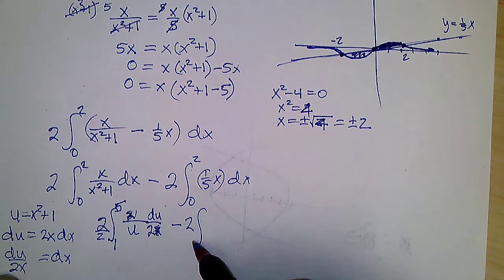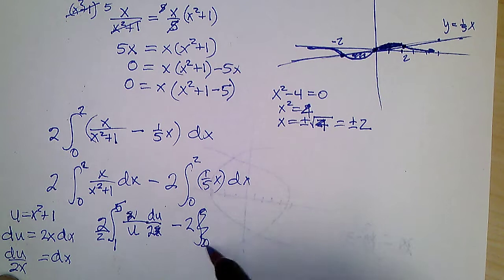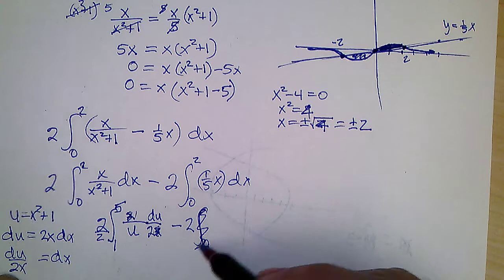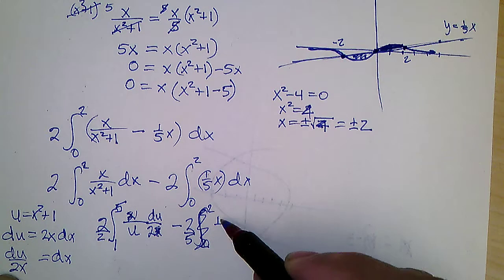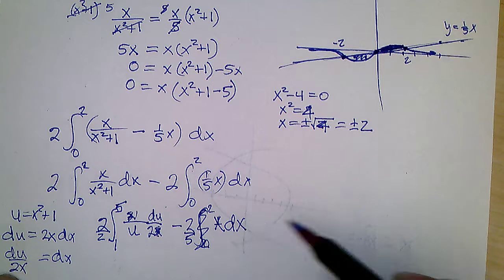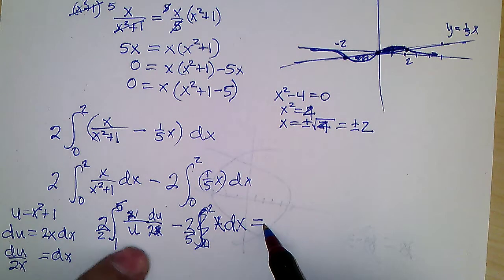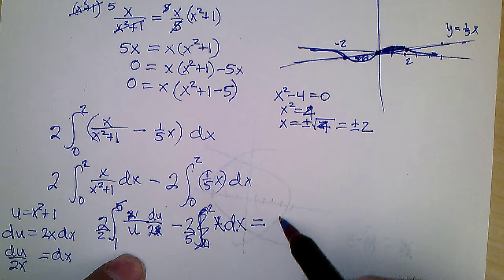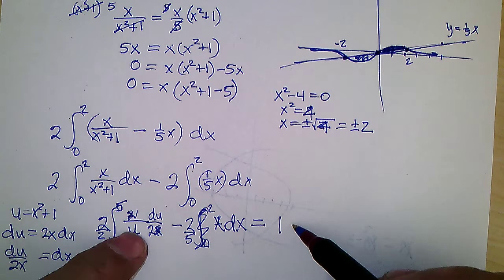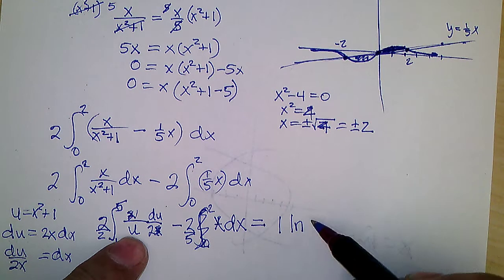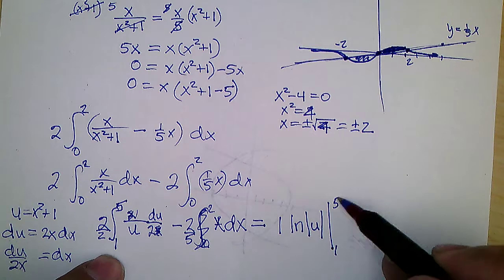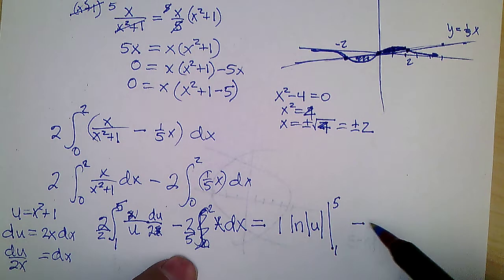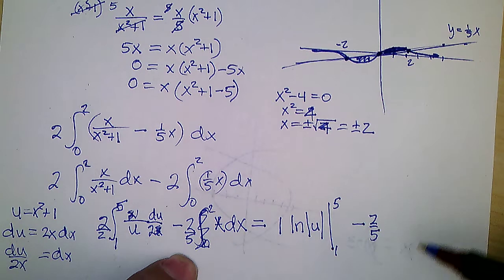Minus 2 integral from 0 to 2 of 1/5, I can take the 1/5 out, x dx. The first one is going to be 2 over 2 is 1, and 1 over u integrated is ln of u, and that would have the new limits of 1 and 5, minus 2 over 5.